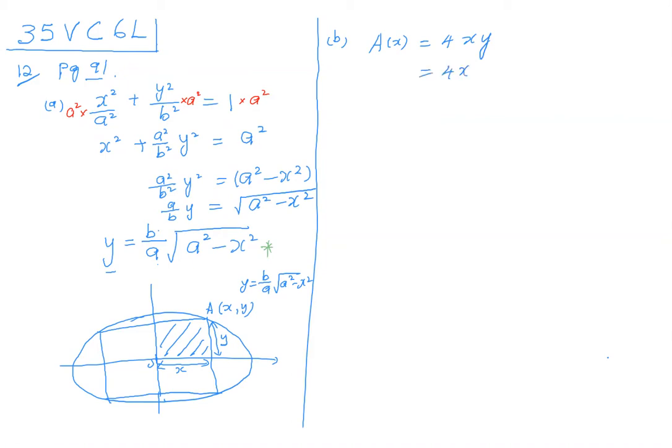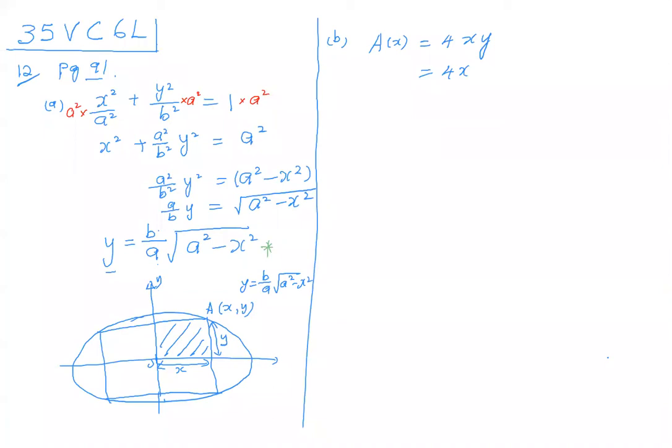Every time in an equation, they can only involve 2 variables, that is the area and x. You cannot have 3 variables. If you have 3 variables, when you differentiate the other variable, you don't know how to differentiate.